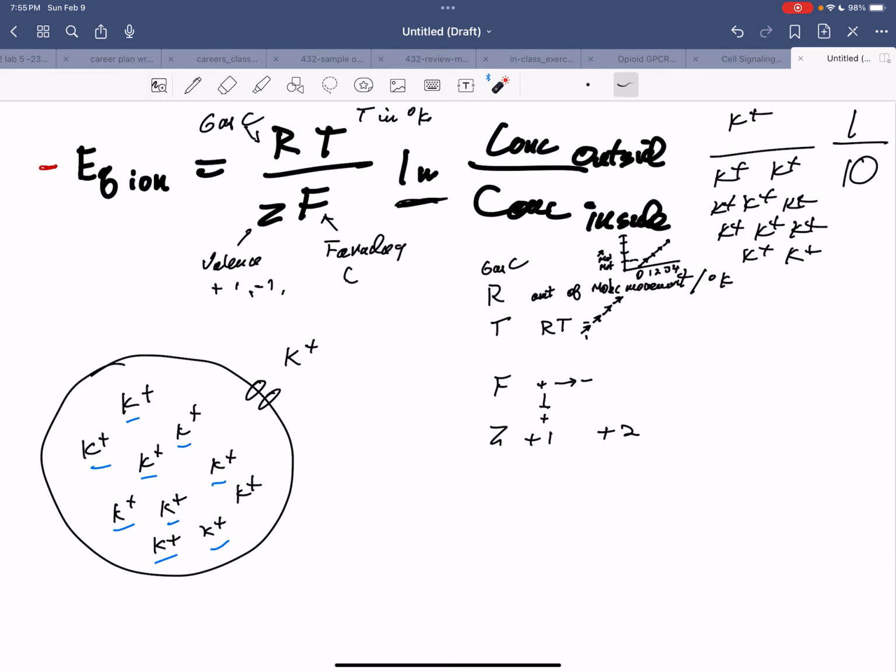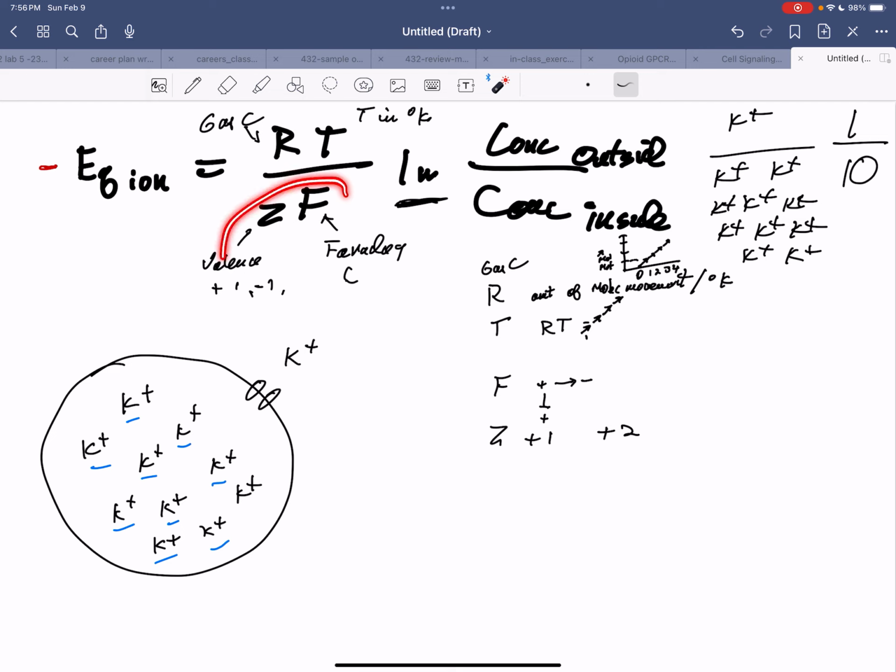How much negative charge? For this particular concentration, in this case I've made a 10-fold concentration gradient, at this particular temperature, in other words, this amount of random molecular motion, this is tending to make those ions move. This one is holding them in place, the negative charge in here.